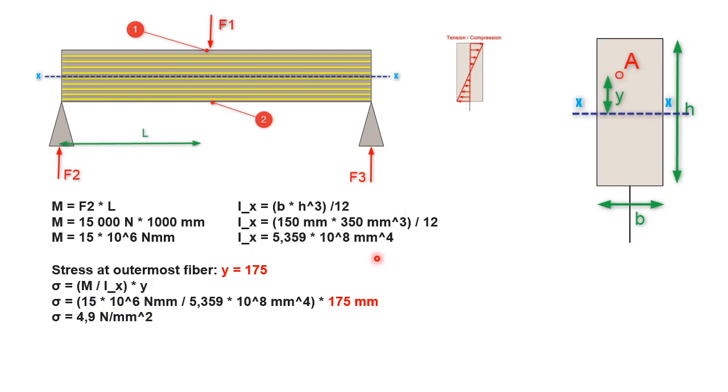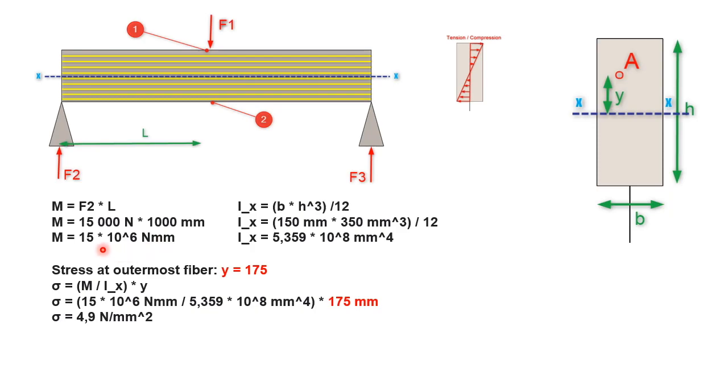Okay, so we'll now try to calculate the stress in the outermost fiber down here by using the calculations here. So first we'll calculate the moment. We use a static analysis and find F2 and F3. F2 is here calculated to be 15,000 Newton, and the length L is 1,000 millimeter.